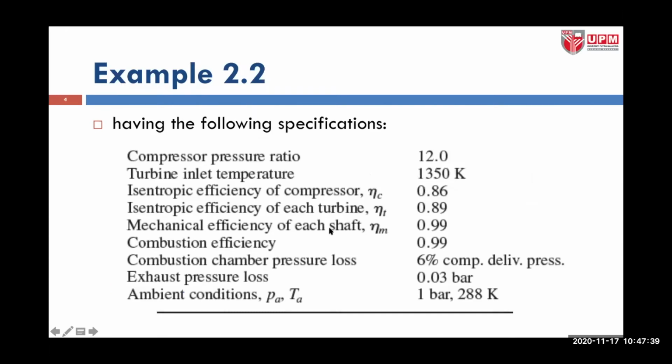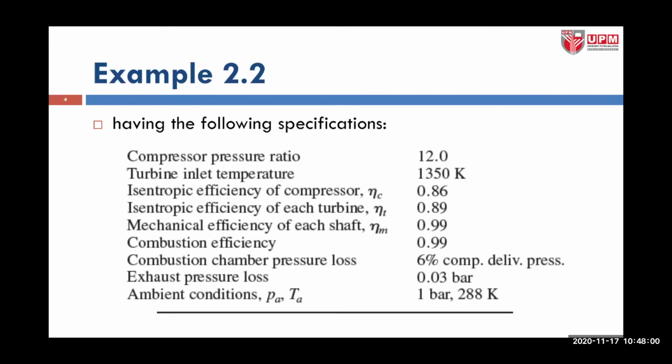It has the following specification: compressor pressure ratio 12, turbine inlet temperature 1350 Kelvin, isentropic efficiency of the compressor, zeta C, 0.86, and isentropic efficiency for each turbine. There are 2 turbines. Turbine number 1 is 0.89, turbine number 2 also 0.89.